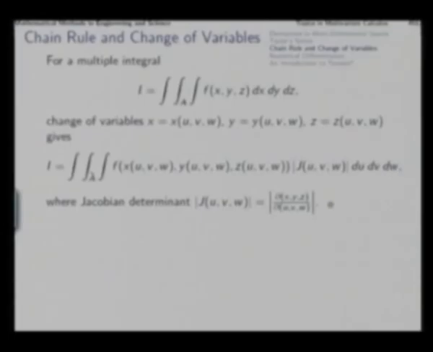So, this Jacobian determinant is the element that transforms a volume in the u, v, w space to a corresponding volume in the x, y, z space.